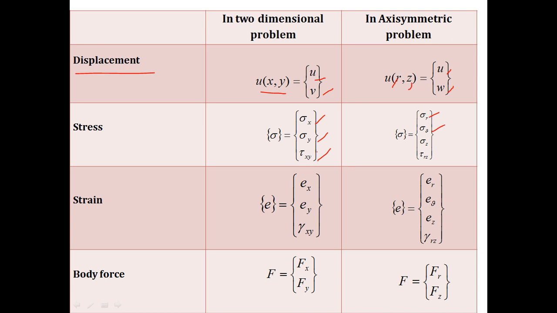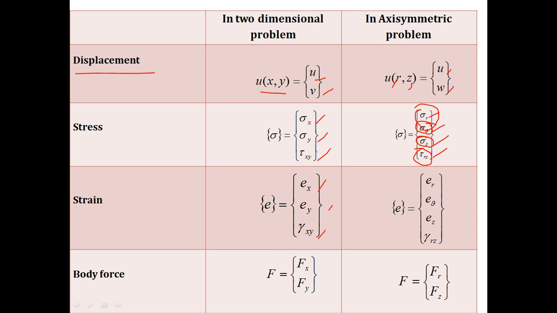Next is strain. For 2D, epsilon is equal to epsilon x, epsilon y, and gamma xy. That means normal strain in x direction, normal strain in y direction, and shear strain in the xy plane. For axisymmetric, epsilon r, epsilon z, epsilon theta, and gamma rz. What is that? Radial strain, circumferential strain, longitudinal strain, and the final one is the shear strain in the rz plane.